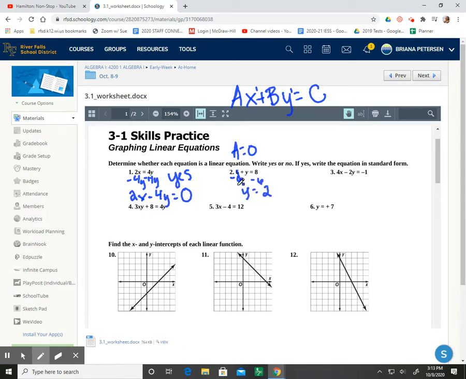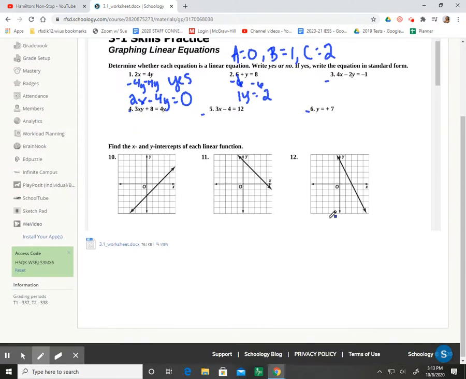Believe it or not, that would be a linear equation where a equals 0, b, the number in front of y, is 1, and c is 2. You're going to do that same thinking for 3, 4, 5, and 6 to determine whether they are linear or not.